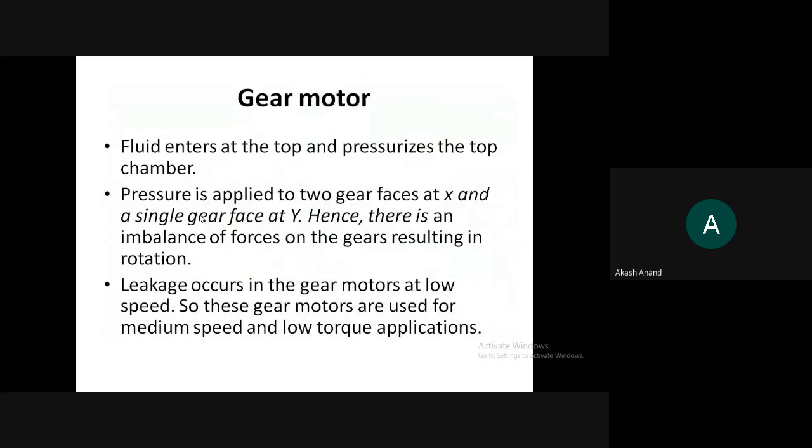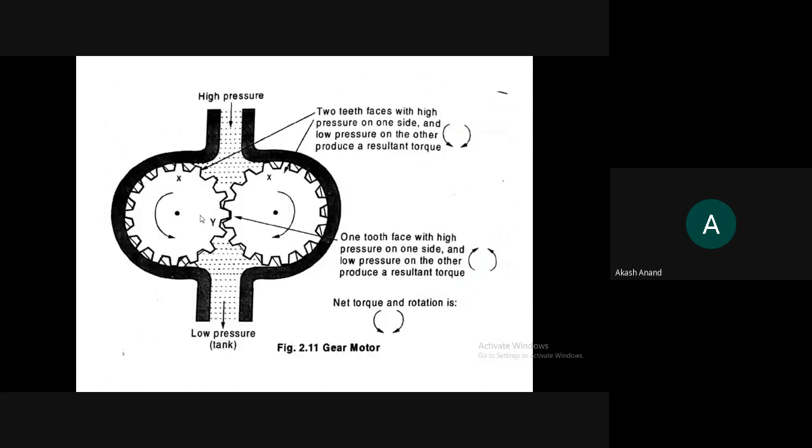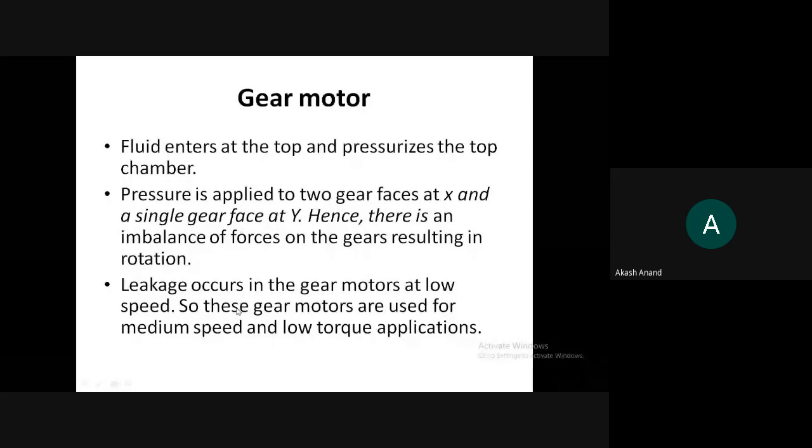That is the basic working principle of a gear motor. Simply, due to the fluid pressure, the gear is rotating. This rotating movement is taken as output. Hence, the fluid pressure is converted into rotary output. Leakage occurs in the gear motor at low speed.